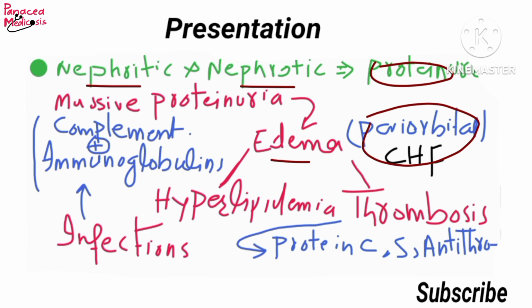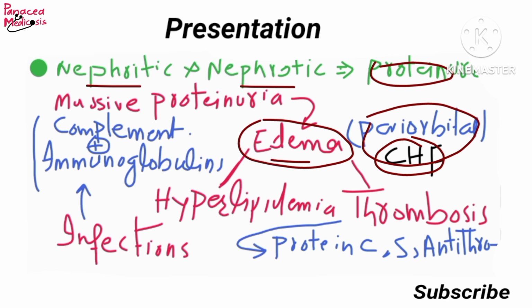Edema in congestive heart failure is in dependent areas like the legs, and in nephrotic syndrome, edema can occur everywhere in the body.